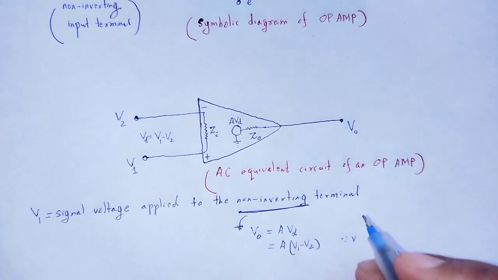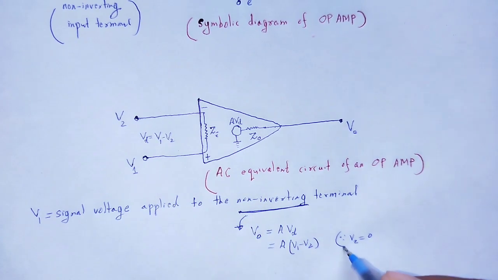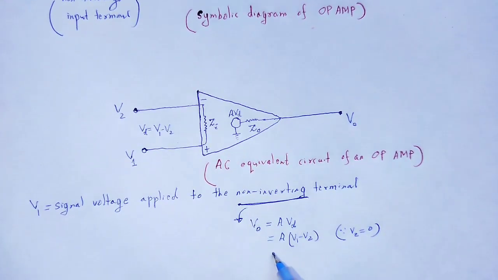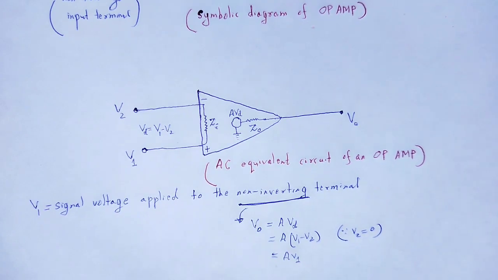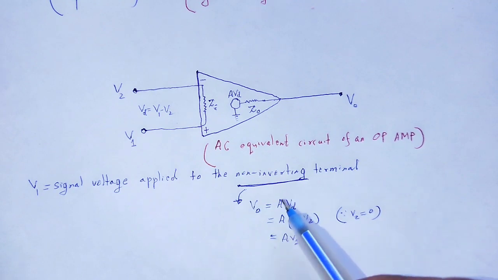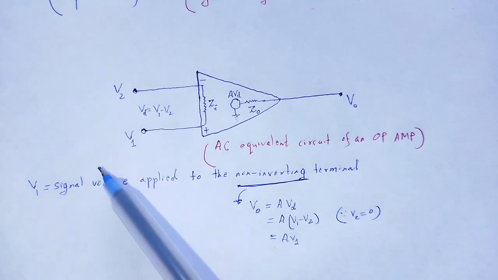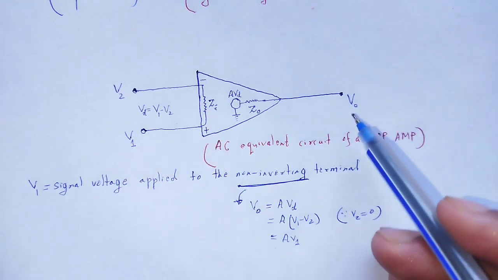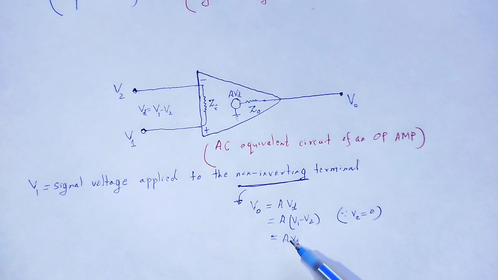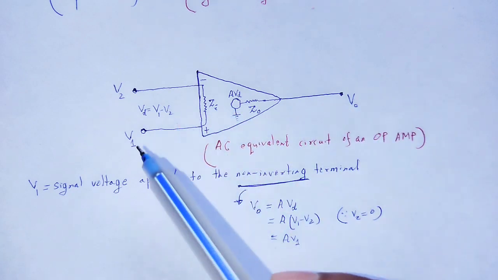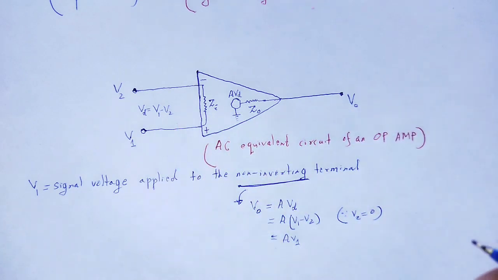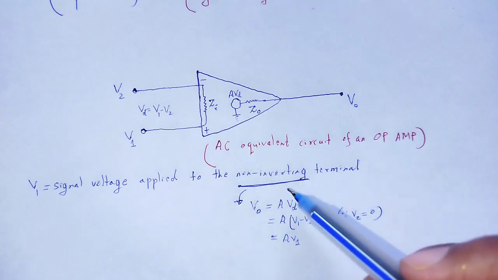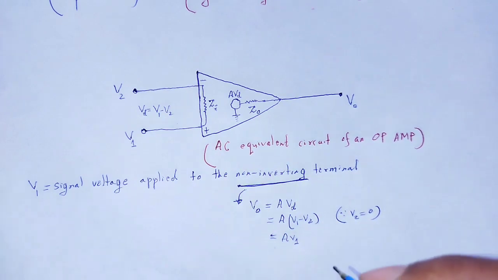As V2 is equal to 0, it is A times V1. If we apply a signal through V1, then at the output we obtain the signal with the same phase as the input. Therefore, we call it non-inverting.